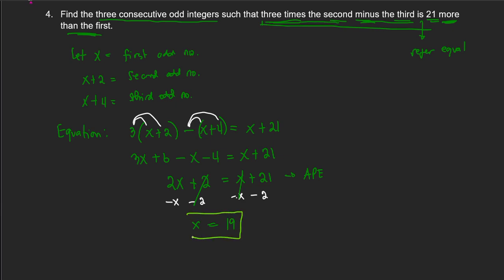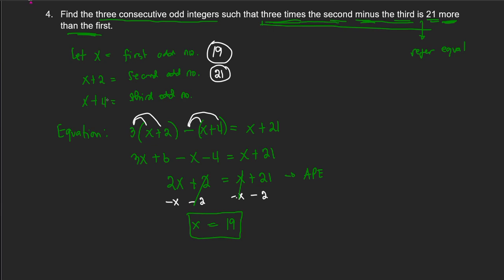So therefore, yung solution natin, yung first odd number natin, that would be equal to 19. Now, if ang x natin is equal to 19, then 19 plus 2, if makita nyo yung cursor ko, 19 plus 2, that is equal to 21. Okay? 19, 20, and 21.